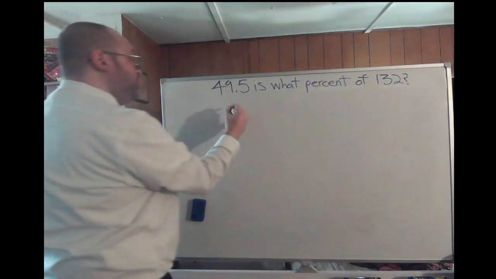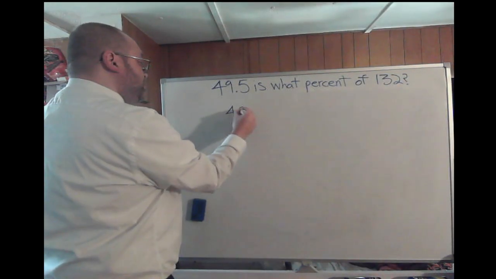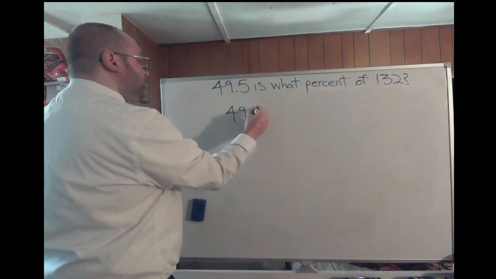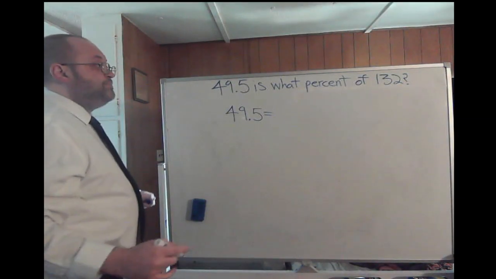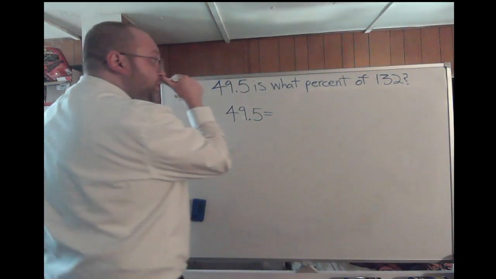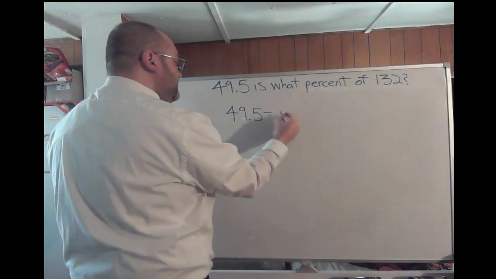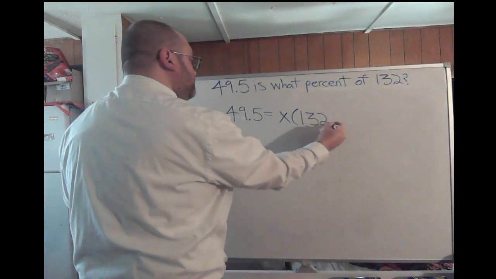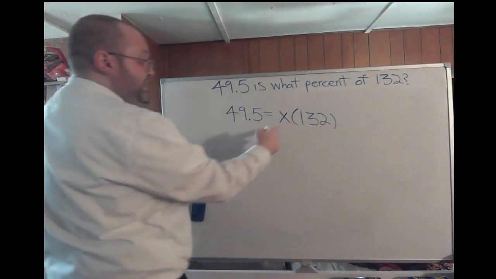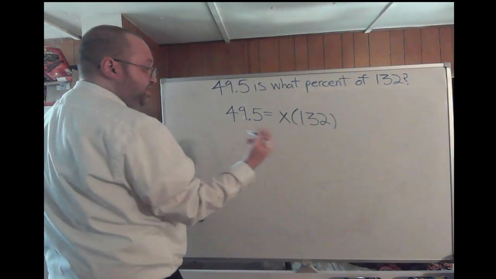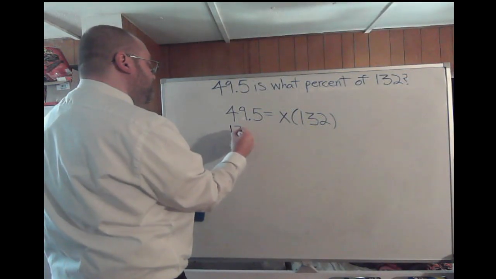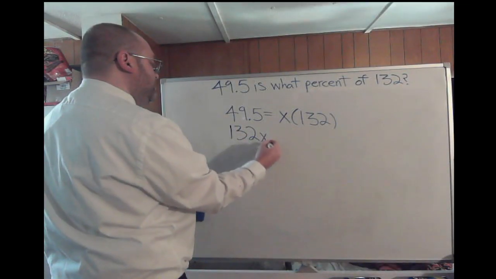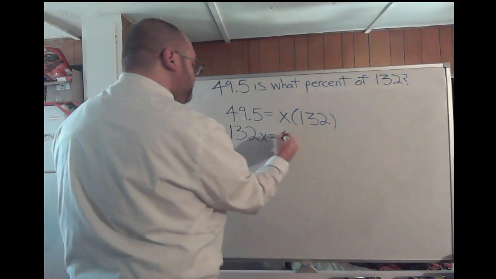So 49.5 is, that means equal to, now what percent of 132? So that what is going to be x of 132, means times 132. Well, on the right side, x times 132 is 132x. I'm going to move that over to the left to make it easier. That's equal to 49.5.